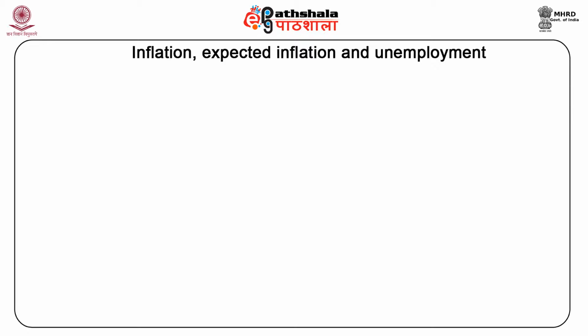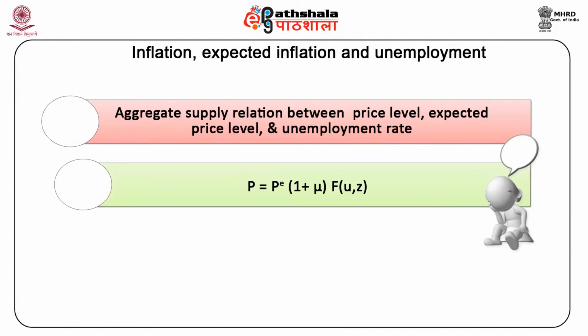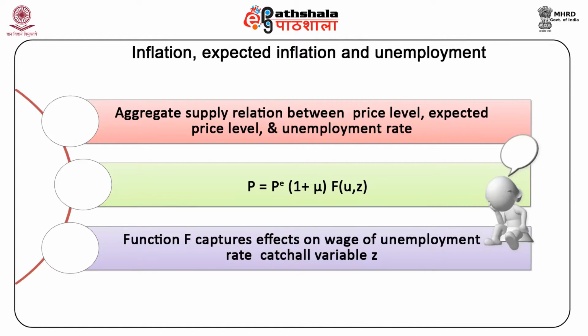Moving on to inflation, expected inflation and unemployment. The aggregate supply relation between the price level, the expected price level, and the unemployment rate is given by P is equal to P^e times (1 plus mu) times F(U, Z).